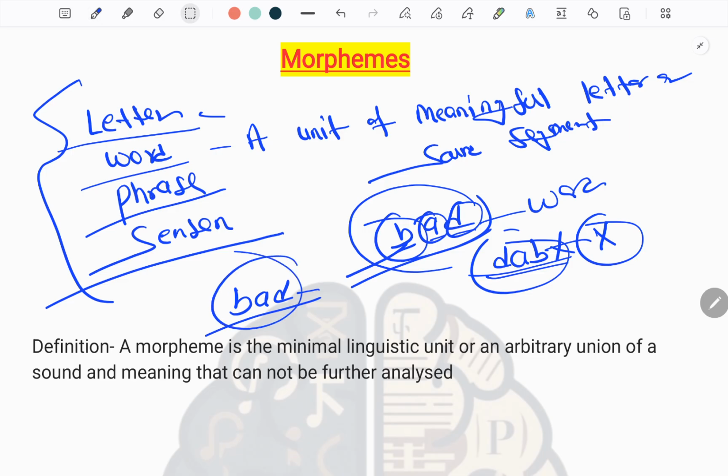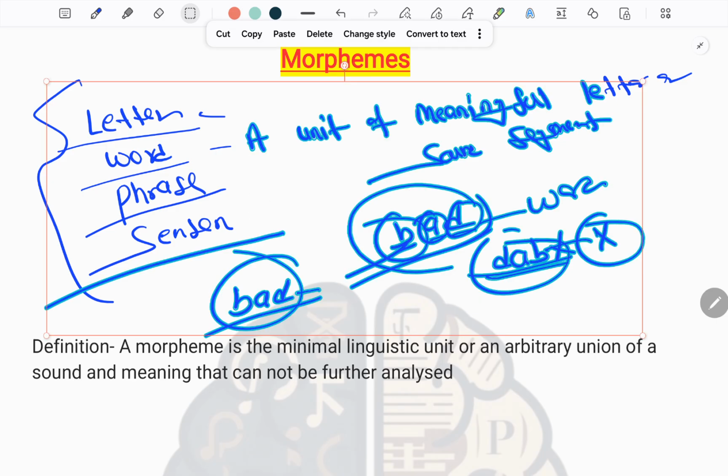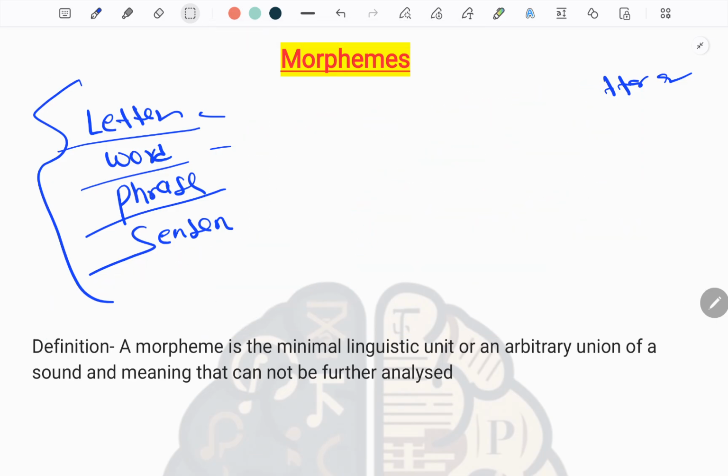Now, next we have another component, which is known as the phrase. What is a phrase? In the same way, when we combine words into a meaningful unit that gives a meaning, that is known as a phrase. Let's take an example of a phrase like black and white.